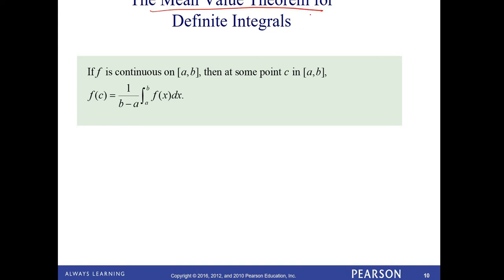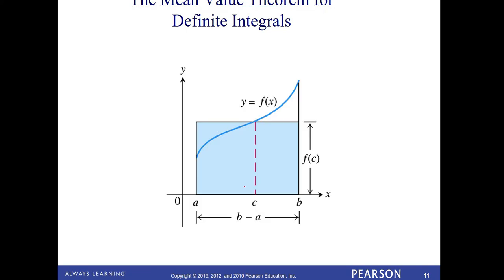That's what it says up there, the mean value theorem for definite integrals. So again, if f is continuous, then at some point c, there will be some f of c that equals this mean value, or the average value, sorry. So here we are again.